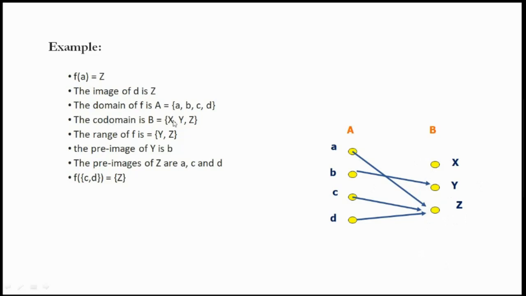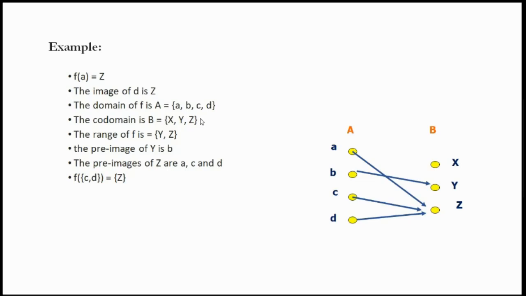Codomain B is equal to x comma y comma z. The range of f is y comma z. The range means how many possible outputs it was mapped to. Even though x, y, z are there, only y and z received elements of A. So y and z will become the range. But the codomain means all possible outputs.